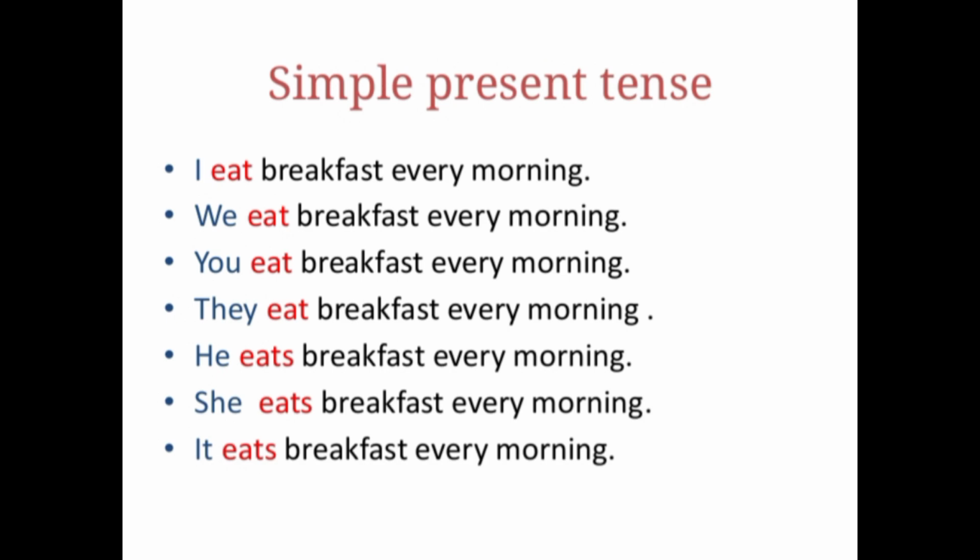If we have he, she, it, the third person singulars, the verb is going to consist of the s or es form. So this is the main difference.